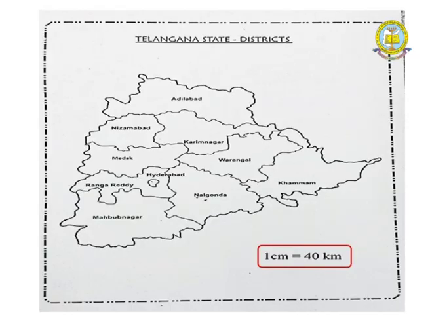In a statement scale, it says that 1 centimeter on the map represents 40 kilometers on the ground.